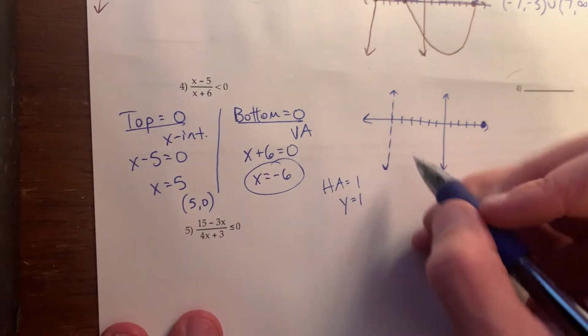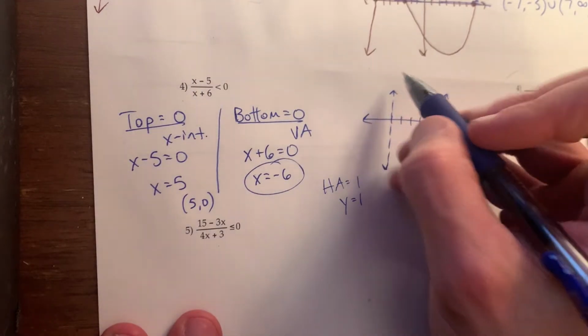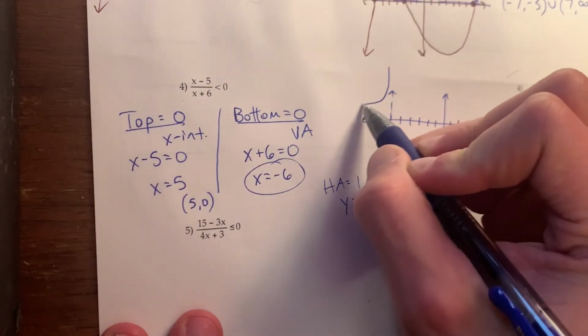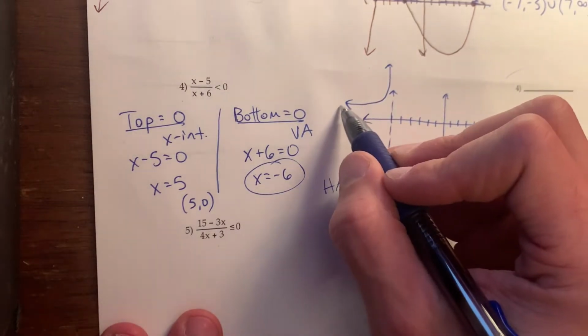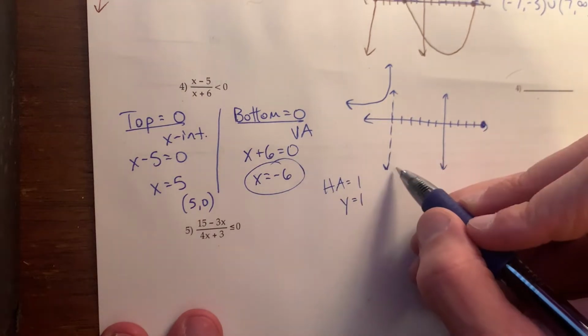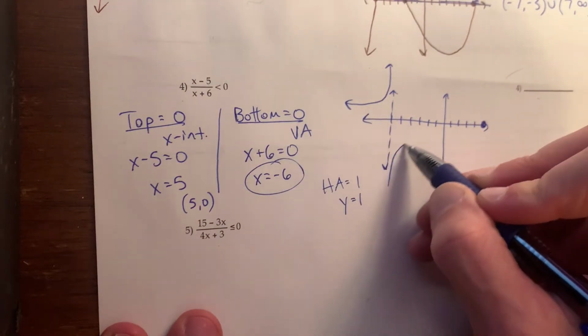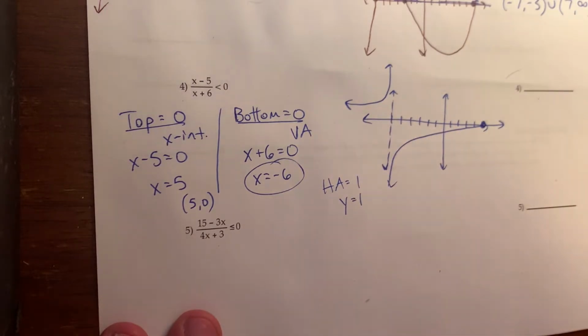I know that my leading coefficients are positive, which means this top portion is going to be in the top left, going like that. With this horizontal asymptote being at 1, this is never going to go below the x-axis. And then this bottom portion here is going to come up and cross through the x-axis right there, with that horizontal asymptote there at 1.